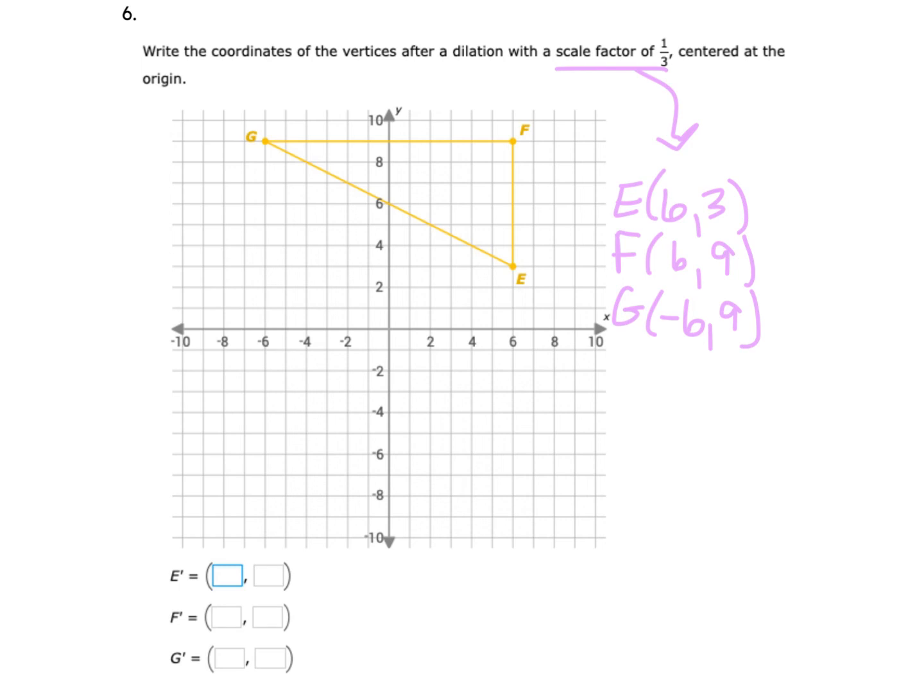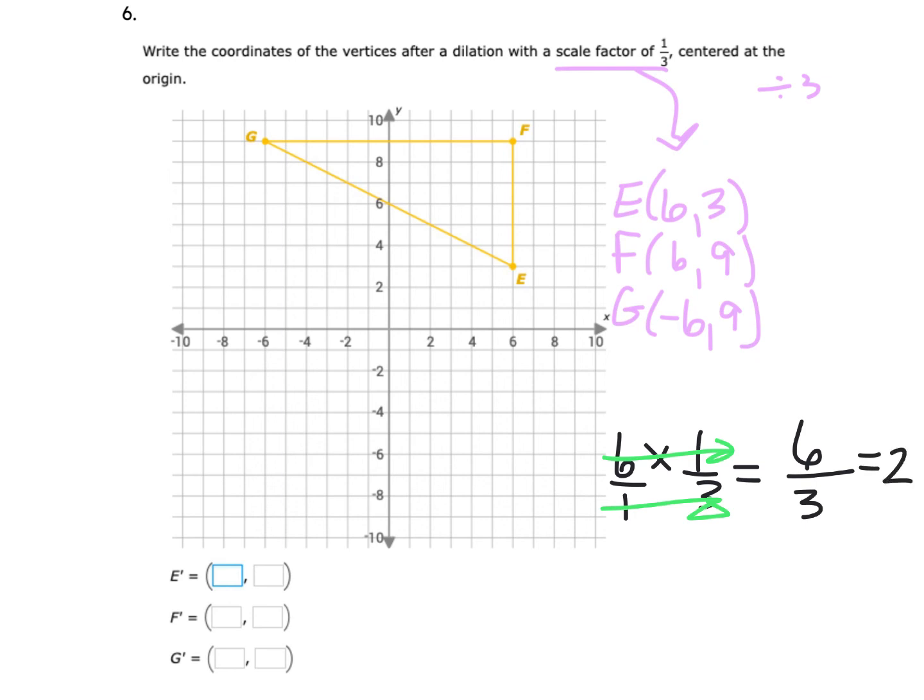And just a reminder, multiplying by 1/3 is the same as dividing by 3, if that's easier for you. I'll show you both ways. So 6 times 1/3, I would put 6 over 1, and then just multiply across. So 6 times 1 is 6, and 1 times 3 is 3, and 6 divided by 3 is 2.